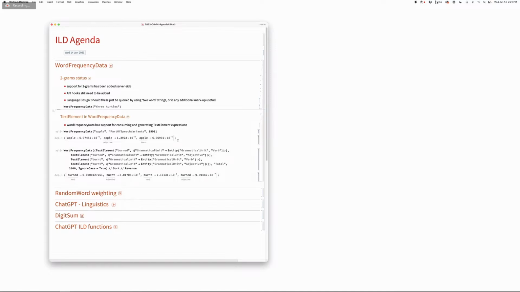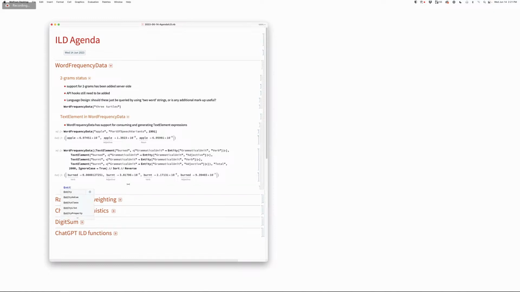But for the word, no. You mean like an entity that represents green on its own as an adjective? Yep. No. But we do have text element. We do have the sense information, and we have word and word sense entities that are not yet exposed, that are still developmental.